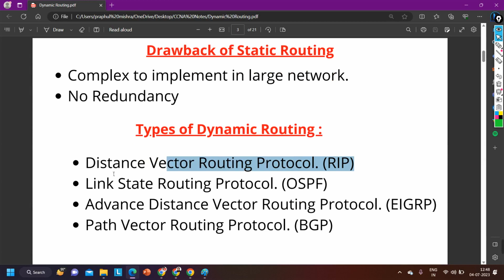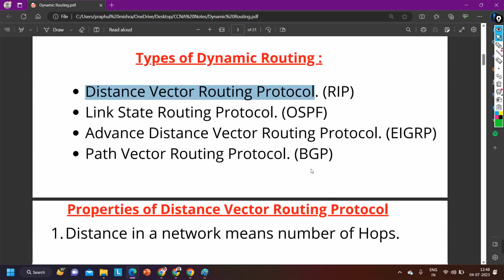Here you can see RIP is a distance vector routing protocol. OSPF is a link state routing protocol. So when I start OSPF, I will use these properties of link state routing protocol. We'll discuss that. Now we are going to start RIP, so keep in mind the properties of distance vector routing protocol.